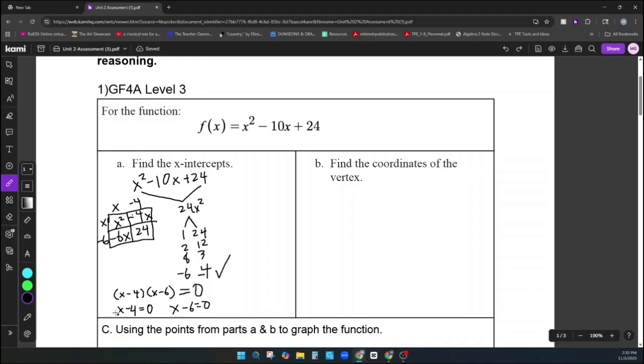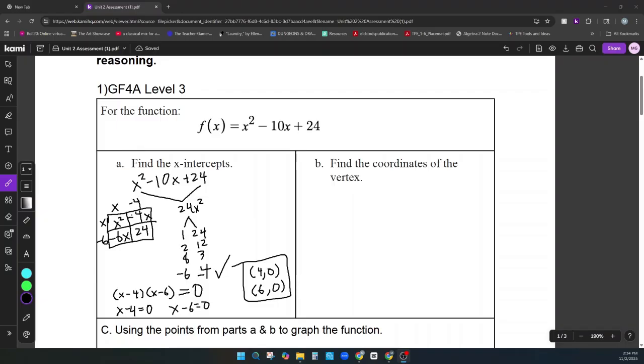For instance, 4 minus 4 is equal to 0. So one of my x-intercepts will be 4, 0. That's for this one. If I put a negative 4, they would not cancel. So you need to make sure that they cancel. Similarly here, I know that 6 minus 6 will give me 0. My x-intercepts will be 4, 0, and 6, 0.